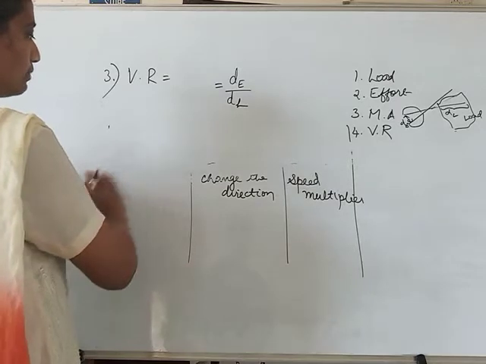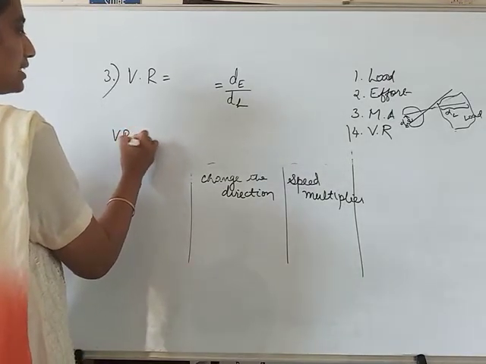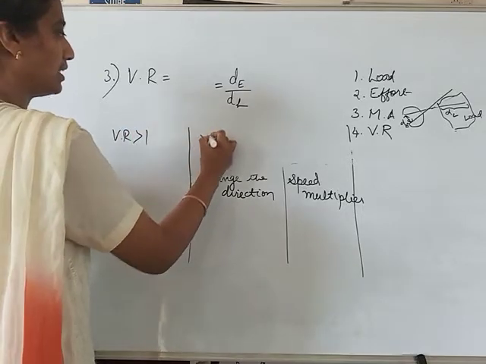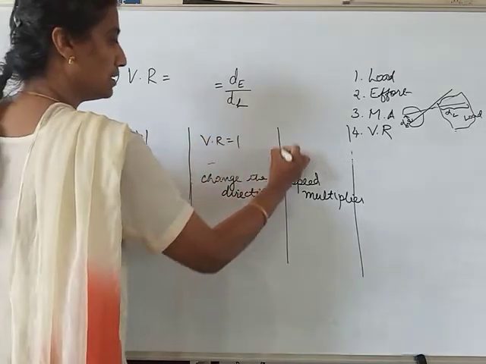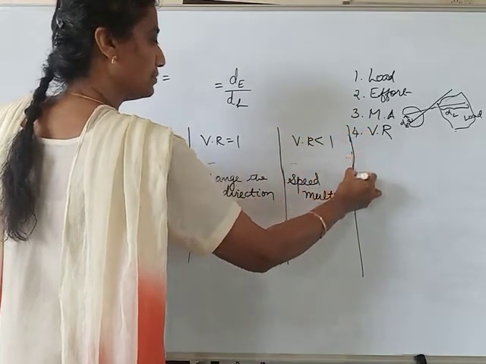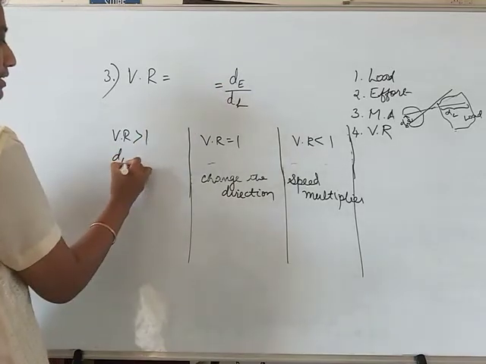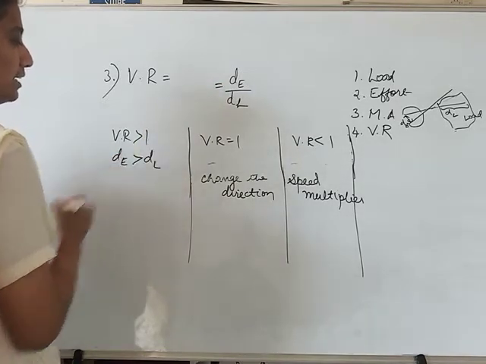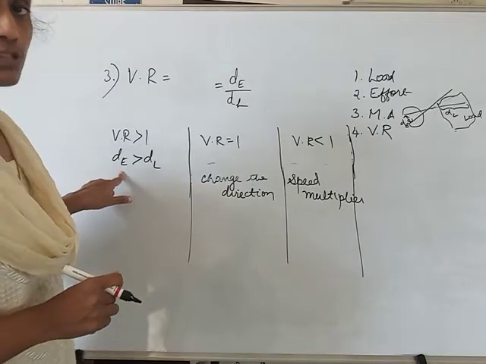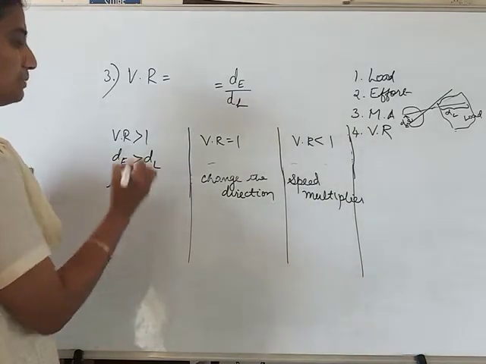Again, velocity ratio can have all three possibilities. VR can be greater than 1, VR can be equal to 1, and VR can be less than 1 also. If VR is greater than 1, then DE will be greater than DL. Effort moves through a longer distance than the load, so it's a force multiplier.